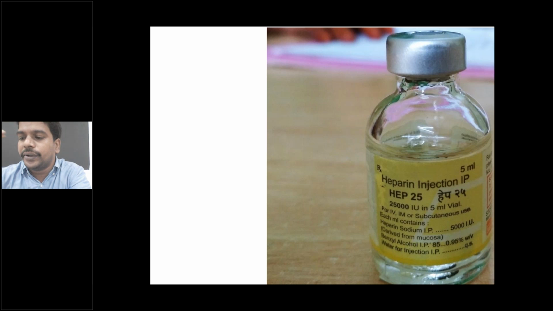These are the two therapeutic uses of heparin. Write these 2 points: treatment and prophylaxis of deep vein thrombosis, and treatment of unstable angina. This is about heparin. Okay, all of you wrote that one.